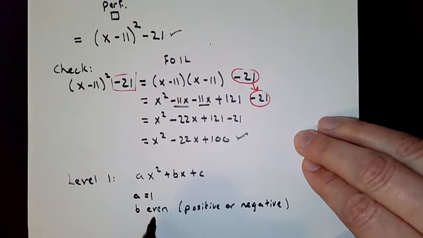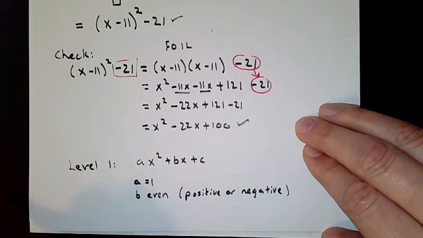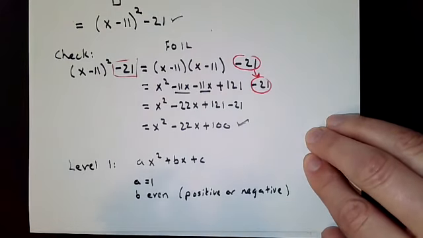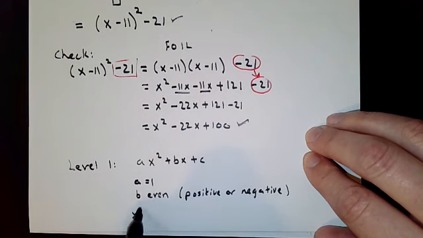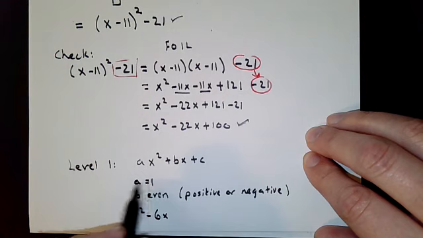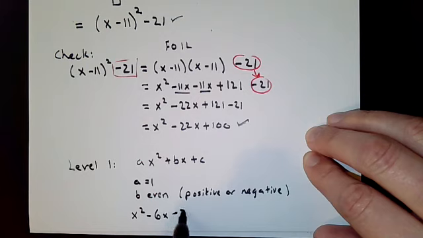So like, I don't know, negative 6, right? X squared minus 6x. The A value is 1. The little b value is even. And then C, pick any number you want. I don't know, 73.